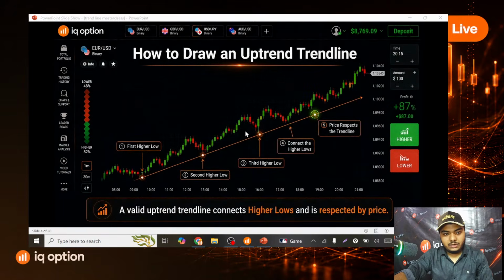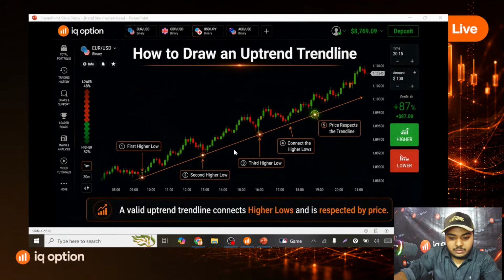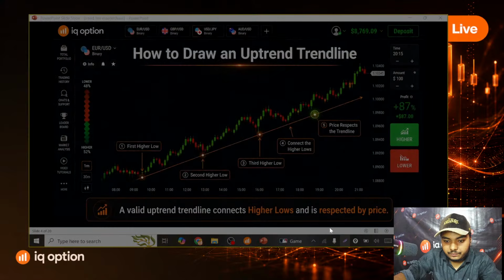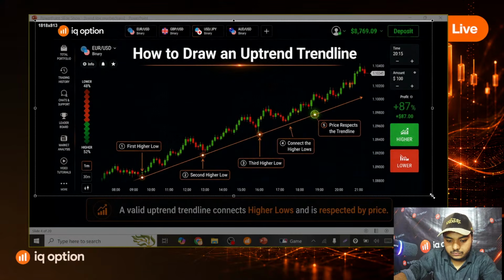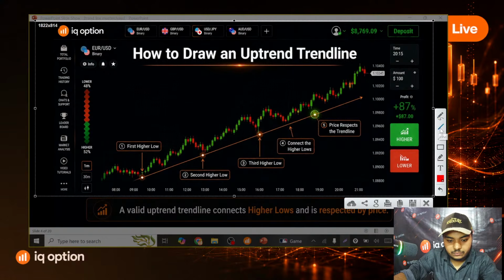We're going to learn how to draw an uptrend trend line. Now let's learn how to draw an uptrend trend line correctly. As we can see on the chart, the market is making higher highs and higher lows. To draw an uptrend trend line, first of all, understand the market.